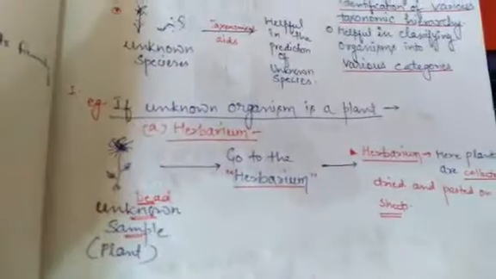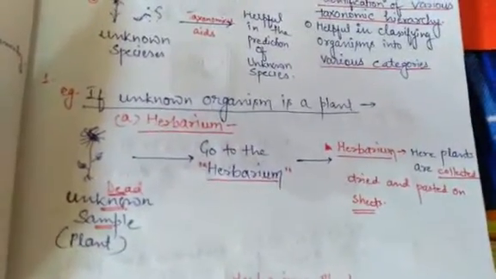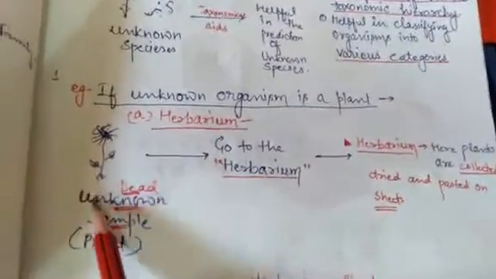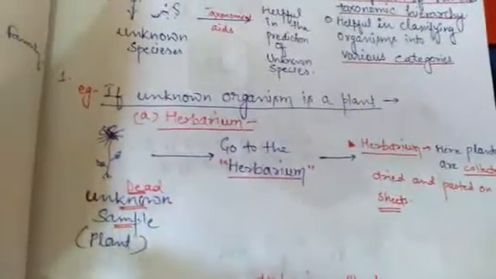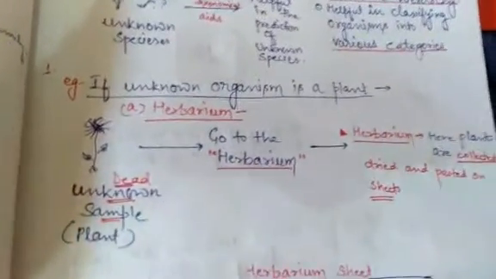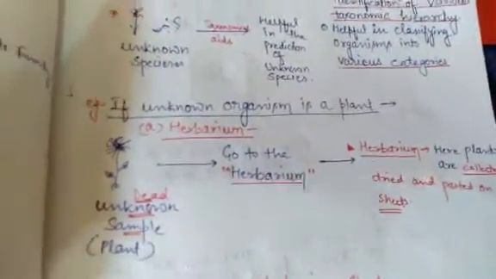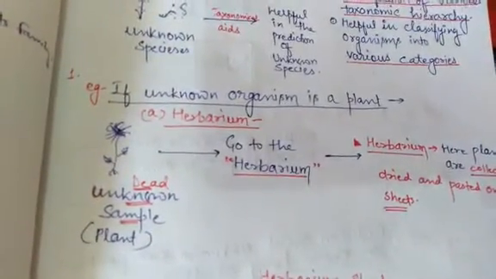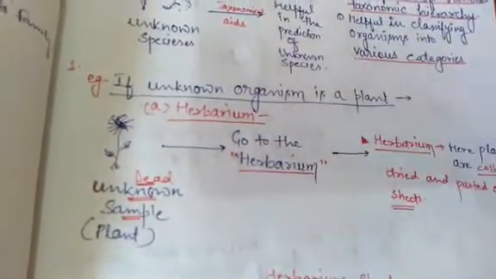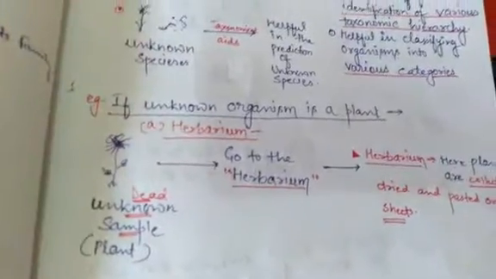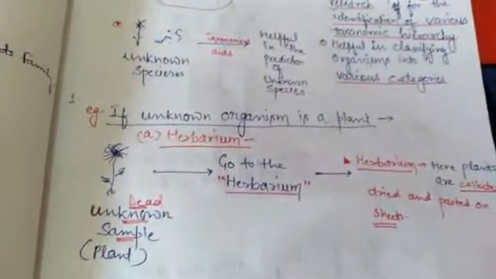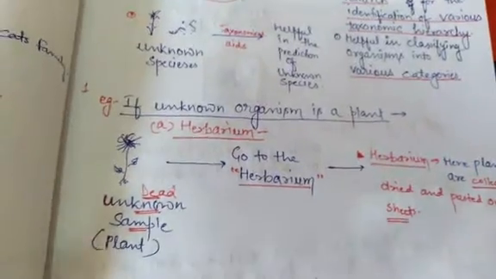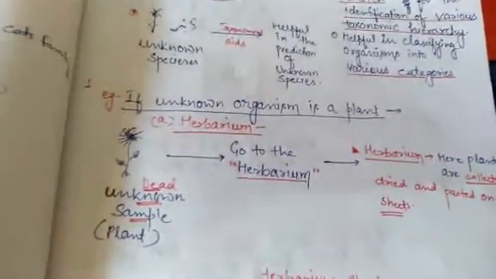So herbarium is an example of a dead aid. What happens here? An unknown sample, an unknown species, is present. By comparison with the earlier existing organisms, which are now preserved in dead form in the herbarium, on the basis of those organisms we predict about the unknown sample.